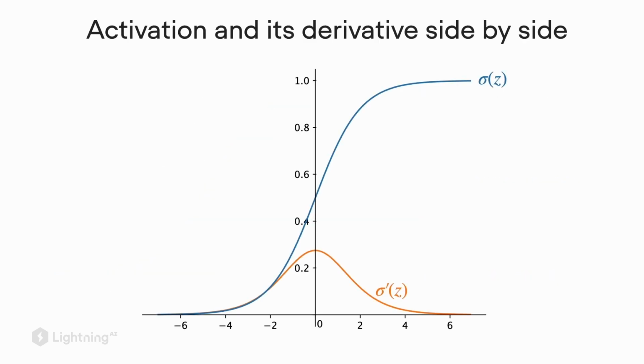In this plot I'm showing you the sigmoid activation function in blue and the derivative function in orange side by side. You can see the largest value here is 0.25. The reason why the logistic sigmoid function is not a good choice for the hidden layer activations is that the largest sigmoid derivative is 0.25. If you think about multiplying it by the different terms in the backpropagation algorithm, we have the issue that we are degrading the error signal.